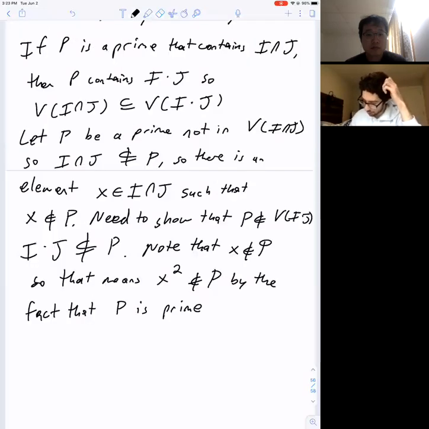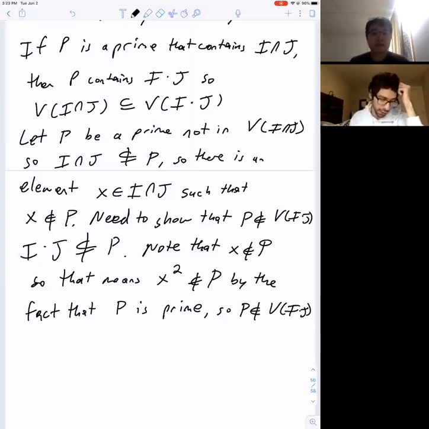And so x squared is actually in I times J. So P is not in V of I times J. So we are done. So these 4 exercises prove that you can actually make a topology using these sets.